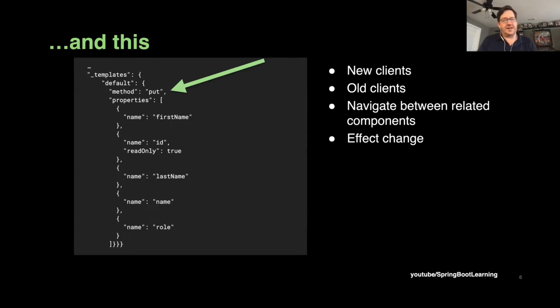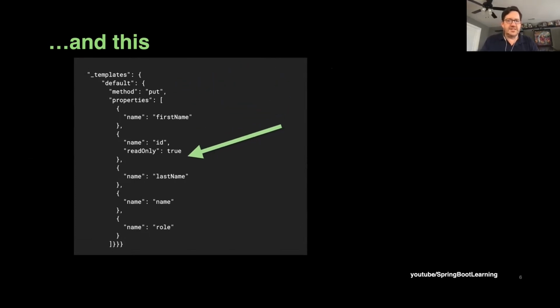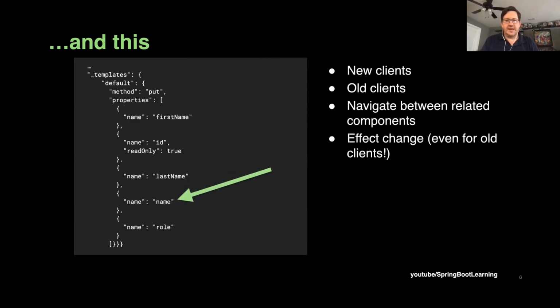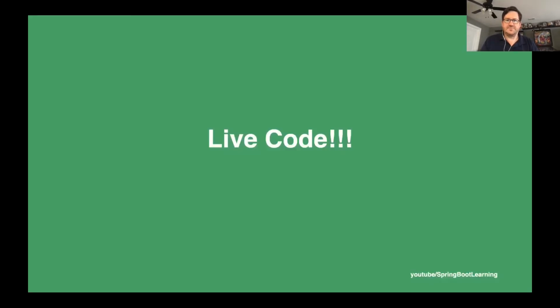In this case, it spotted the update call was connected to an HTTP PUT operation. So it puts this template here with the idea that you can write some glue code and render an HTML5 form. So we can see the attributes, and it lets you affect change, whether it's new or old clients.